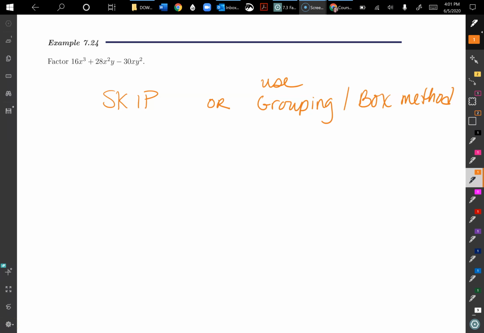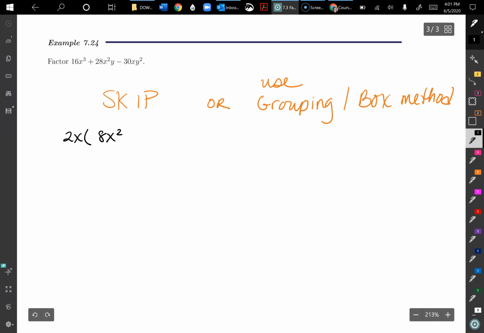Okay, so the first thing I'm going to do on this is factor out a GCF. So that GCF would be 2x. So then I'm left with 8x squared plus 14xy minus 15y squared.